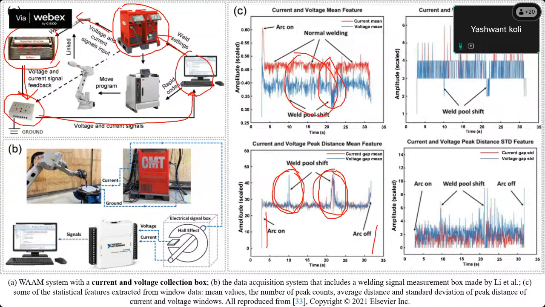With this spike, we can identify there's a weld pool shift. This is normal welding, you can see in the image. These spikes identify the weld pool shift. Some misalignment, some geometrical defects, and porosity defects can be detected by this. So these are the defects that can be detected by current and voltage waveforms.